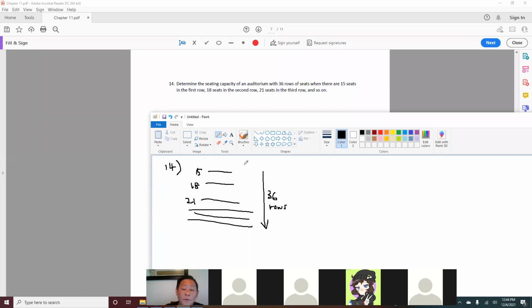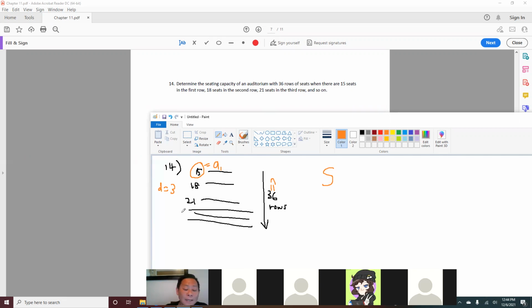So the question is asking for the total. So they're asking you for the sum. Okay. Now this 36 is your n, because there are 36 rows here. This is your A1 because this is your first row. D, if you look, this is arithmetic because D in this case will be 3, because after each row you add 3 extra seats.